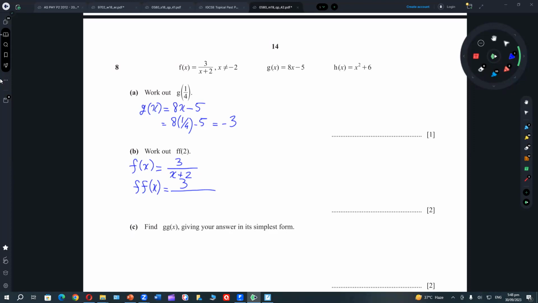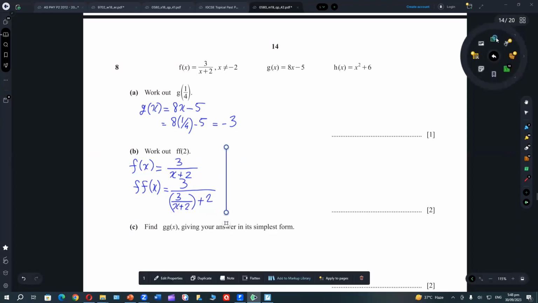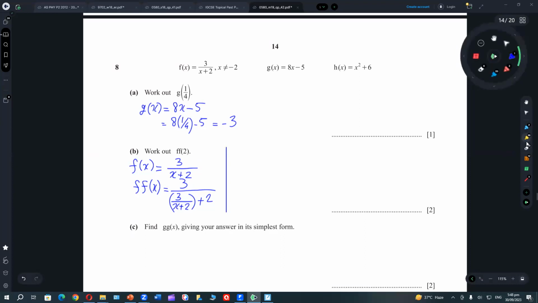Look carefully at what I'm doing. ff means within f, go to the position of x and replace the new function there, and replace it only for x. Now I'm replacing 2 there.